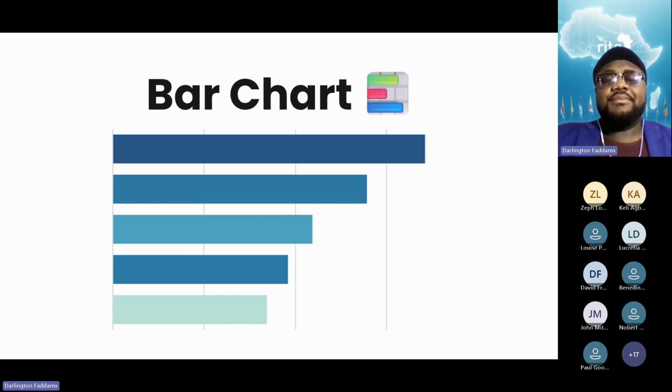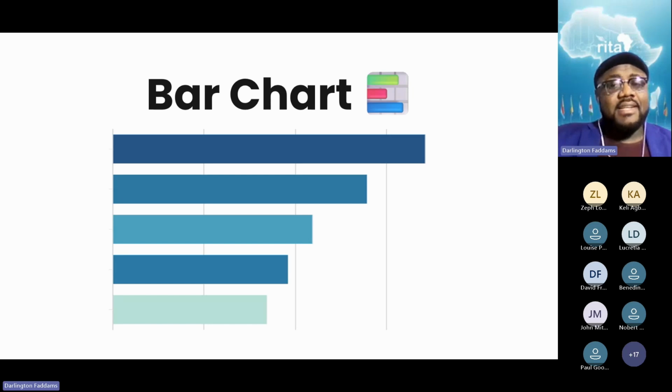So now, technically, we will refer to this as bar charts. I'm going to give you some data to go to Excel and plot a bar chart. So right now, let the confusion be straightened out: when we talk about bar charts, we are talking about the horizontal ones. In your mind, bar chart is usually the vertical ones.